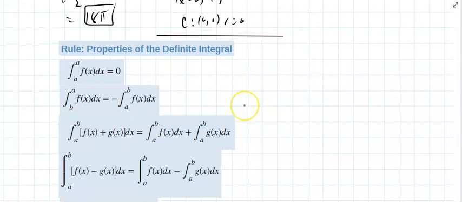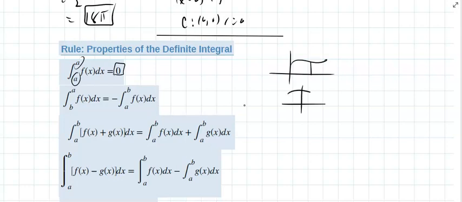If you integrate, if you don't give it a width, then there is no rectangle and the area is 0. The integral from a to b is negative the integral from b to a.